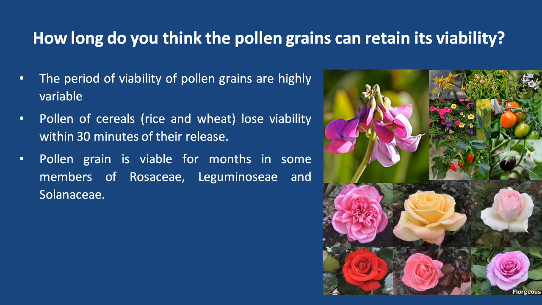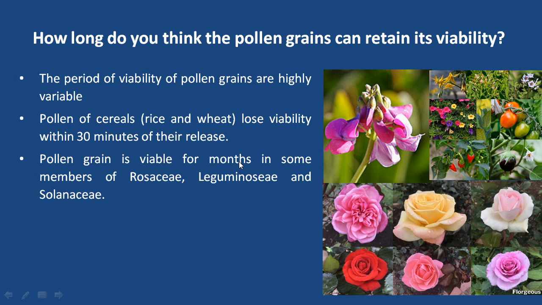In case of families of Rosaceae, rose family, Leguminosae, family of beans and peas, and Solanaceae, family of potato, tomato, brinjal, and all, all of these produce different pollen grains, and their pollen grains can survive for months.